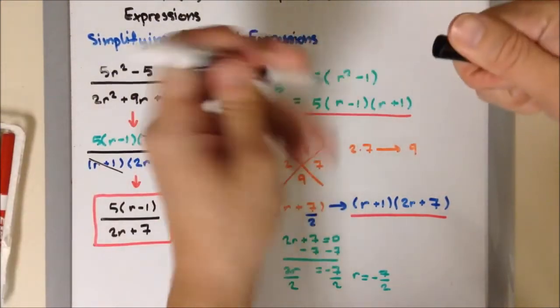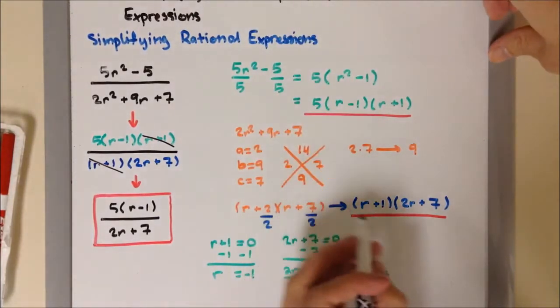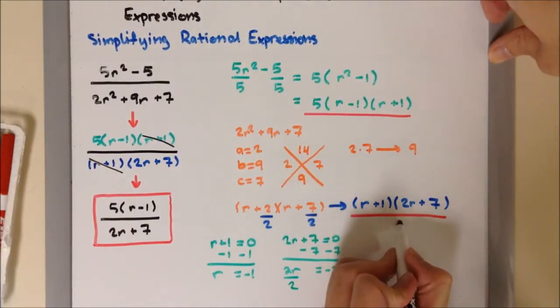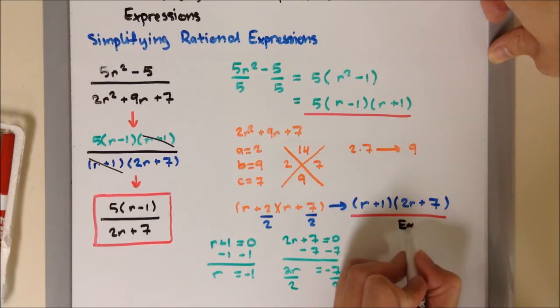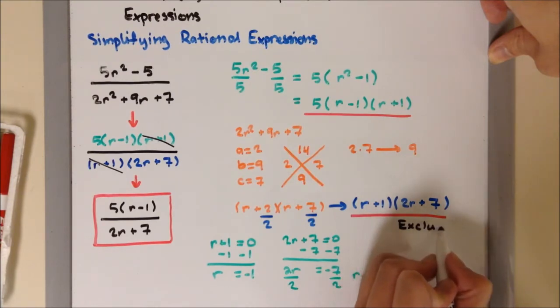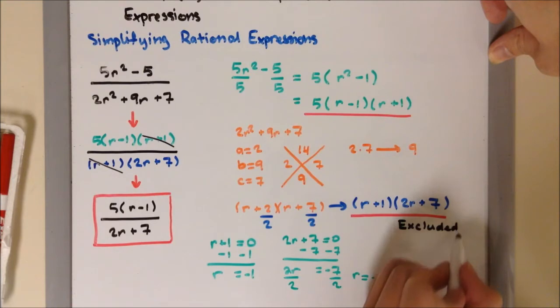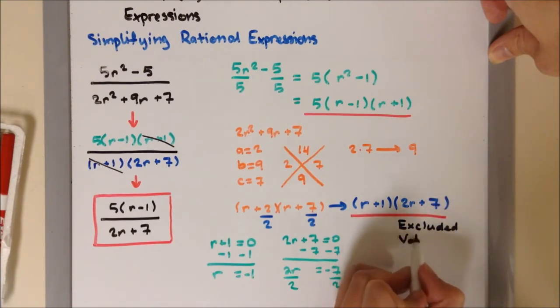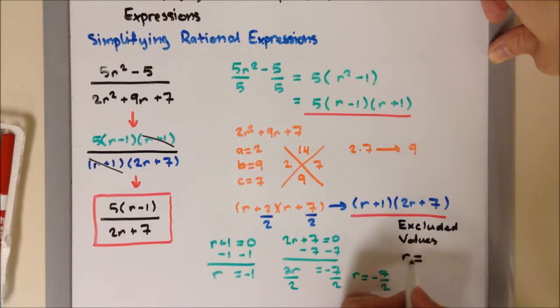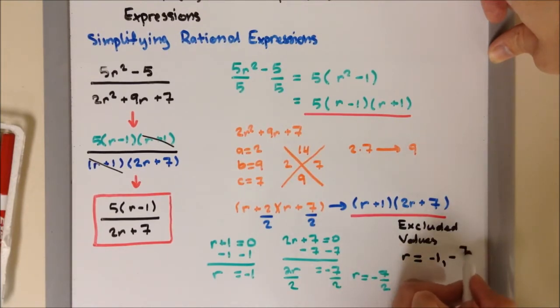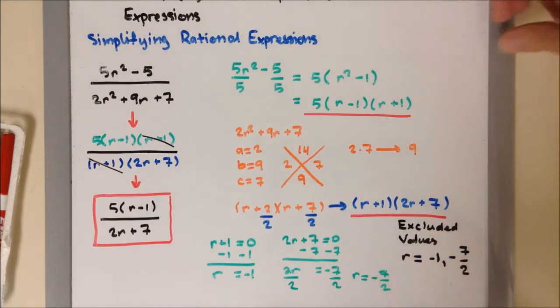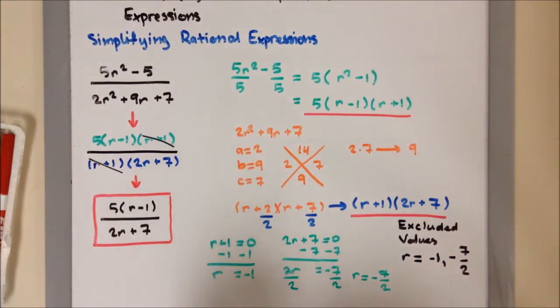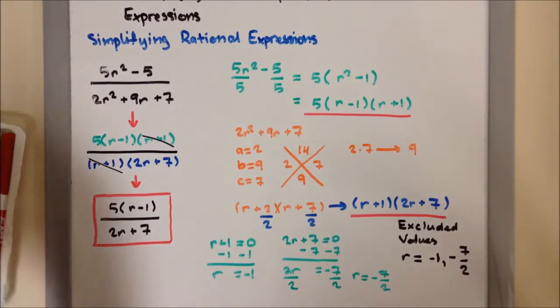Now, I was asked to find the excluded values, so let me write excluded values up here, where r is equal to negative 1 and negative 7 over 2.